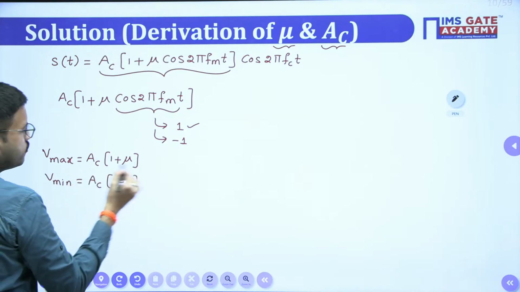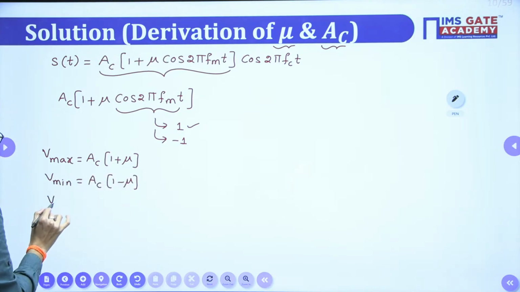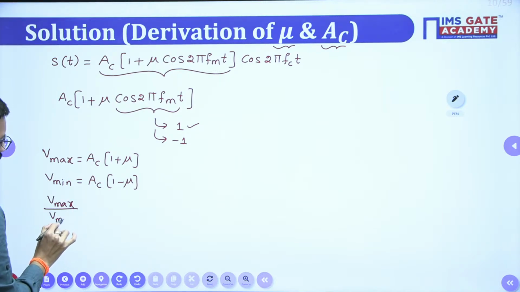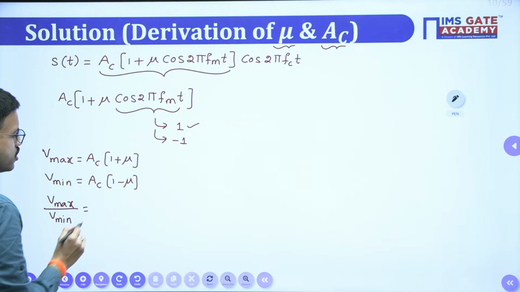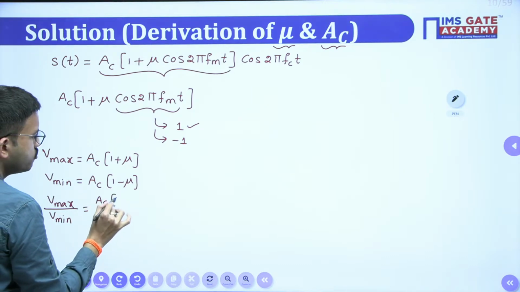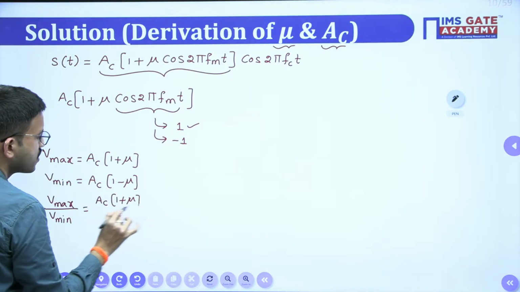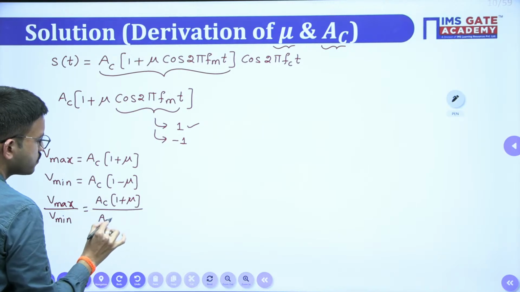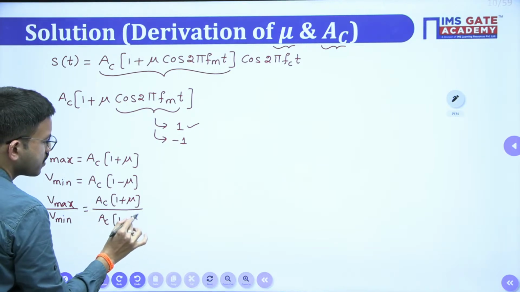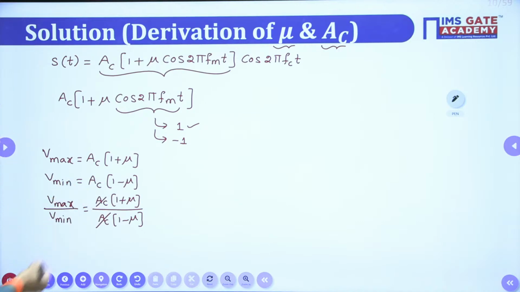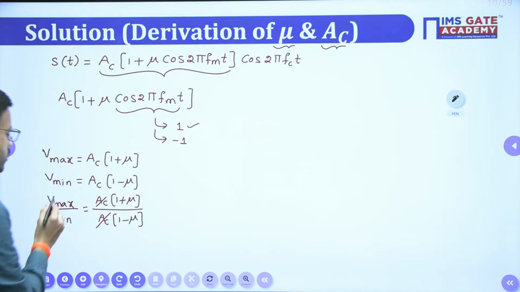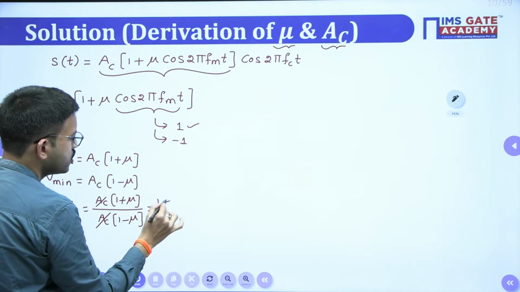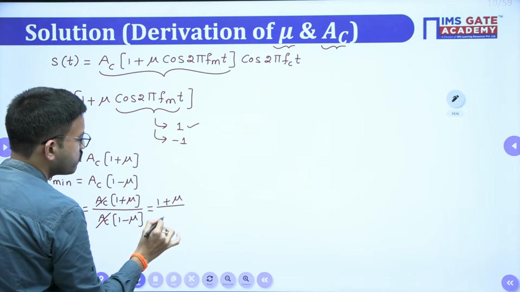Now, if you take the ratio of these two, Vmax by Vmin is equal to Ac into 1 plus mu divided by Ac into 1 minus mu. So here Ac and Ac will get cancelled. Now you are having Vmax by Vmin equal to 1 plus mu divided by 1 minus mu.